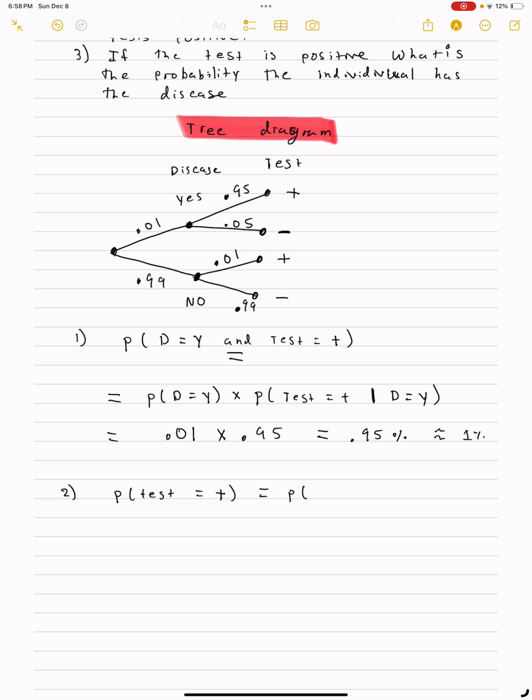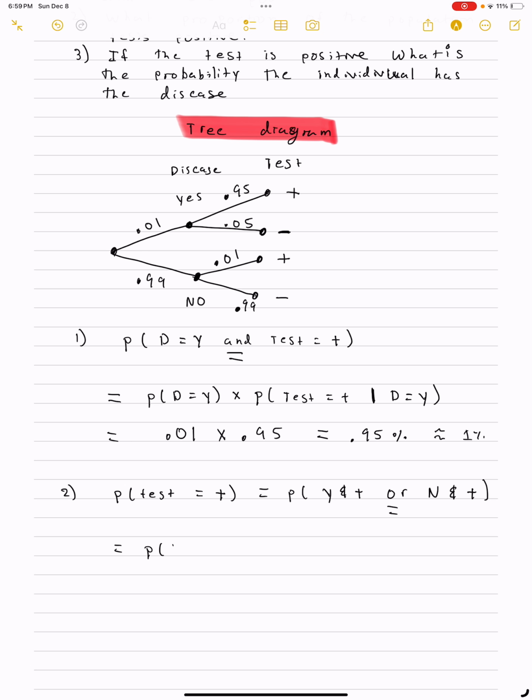So let me put yes for yes, we have the disease and the test is positive, or we cannot have the disease and we can test positive. I've shorthanded this. With this or, because there is no intersection, we can just add them. And there's no intersection because we can't both have the disease and not have the disease at the same time.